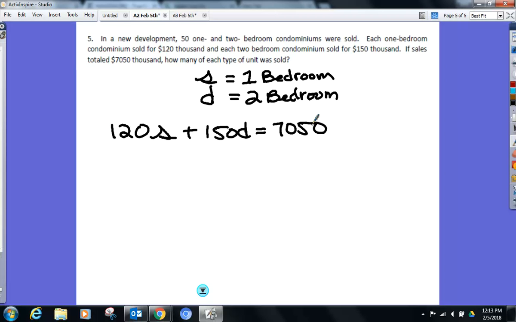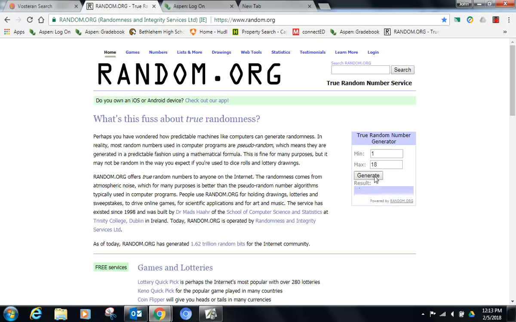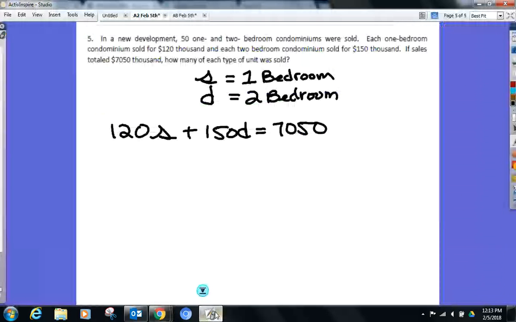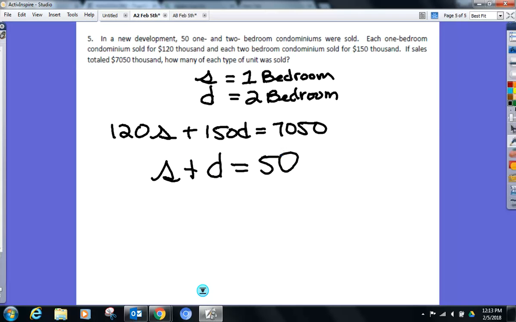All right, and the next equation you got to solve. S plus D equals 50. I'll give you guys about a minute to go ahead and solve it and report back how many 1-bedrooms and 2-bedrooms we had.